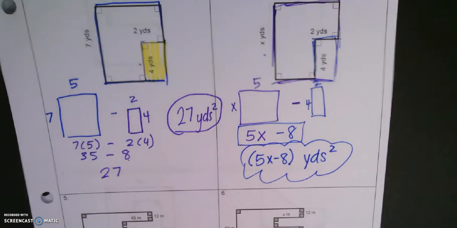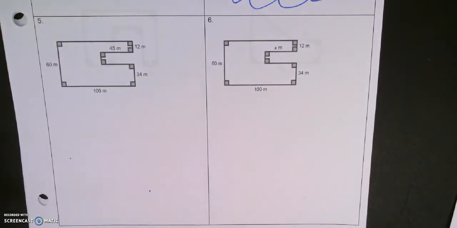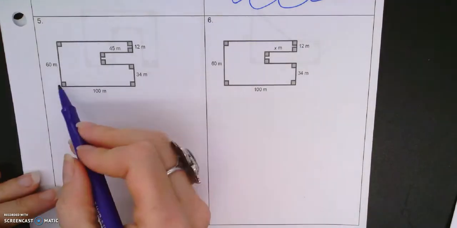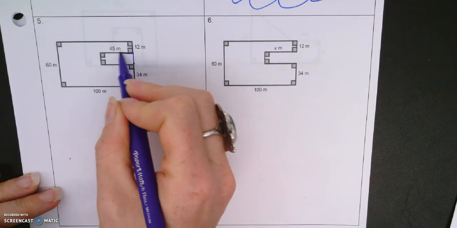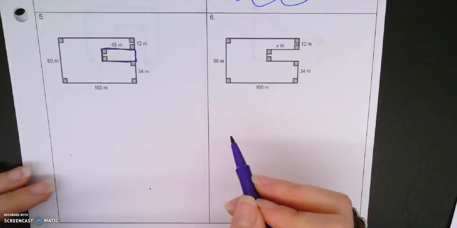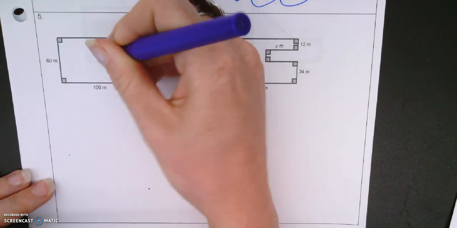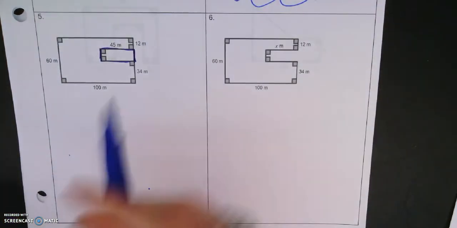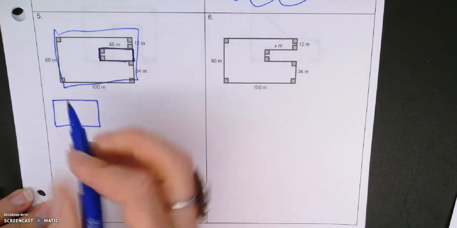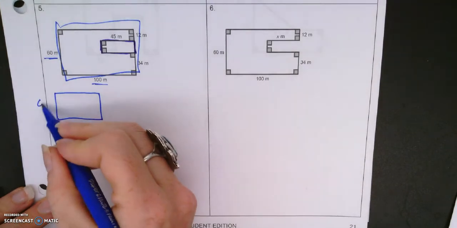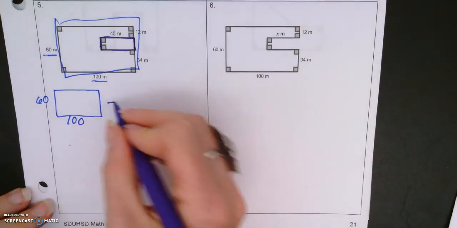Nice. Let's take a look at number 5. When I'm looking at number 5, I again see a large rectangle, and I'm going to subtract out this smaller rectangle. Except this time, I'm not given this width of my rectangle. So again, I'm going to take the big rectangle, and this is a 60 by 100, and I'm going to subtract off this small rectangle.